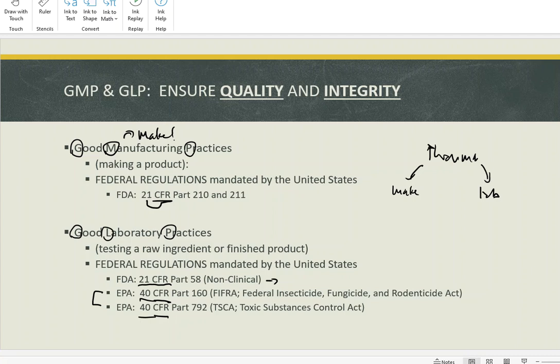So if we are not working with food or drug, then we are probably not working in the appropriate title of the CFR. The EPA is all environmental, and the EPA is Title 40, not Title 21. So that's why you're going to see 40 CFR listed for these.